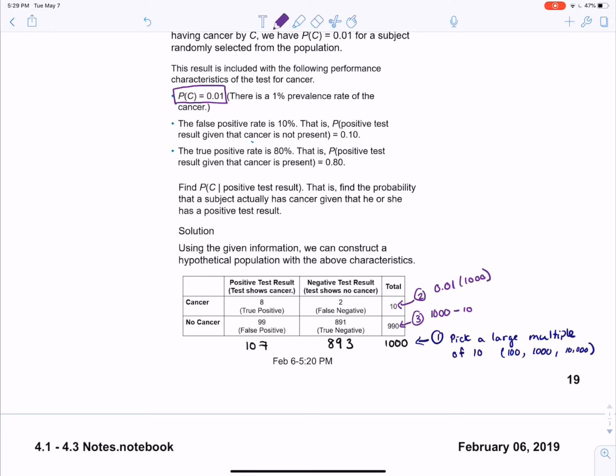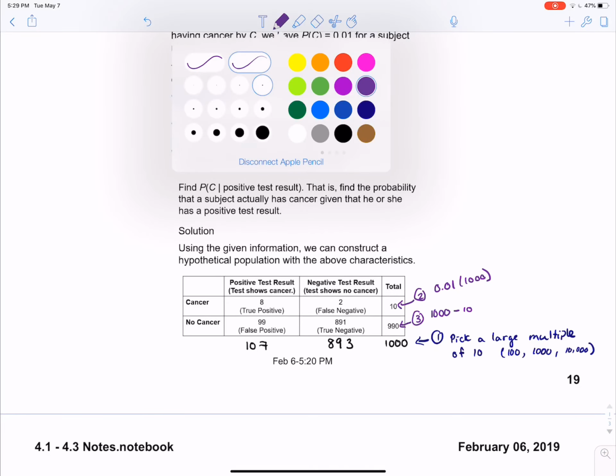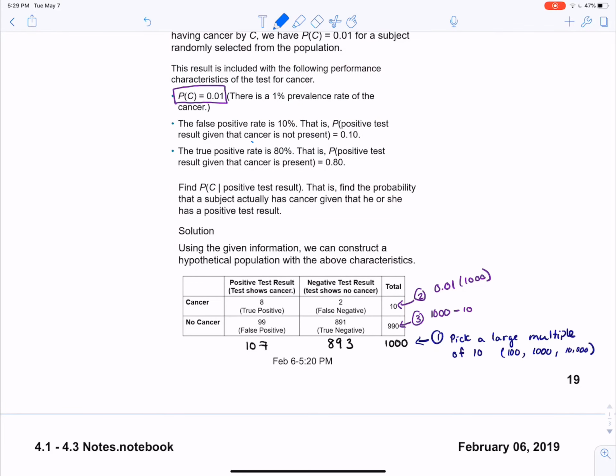To fill out the inside of the table, we have to look at some of the other information. So they tell us that the false positive rate is 10%. So if we're looking for our false positive, that's right here with that 99. So that's the next step that we're going to do. Now notice the false positive. If we look at the explanation, it's a positive test result given that cancer is not present.